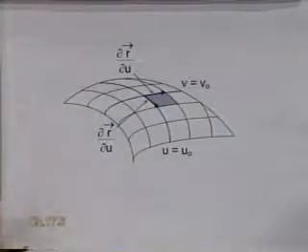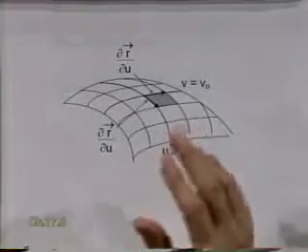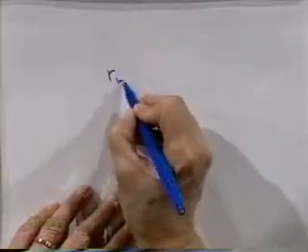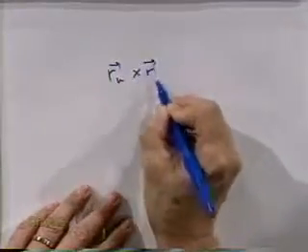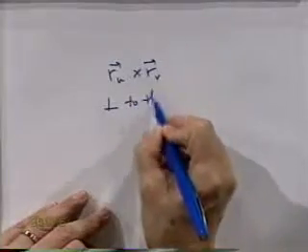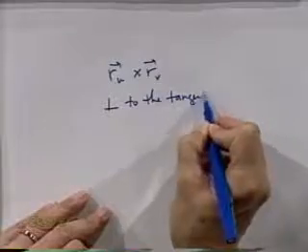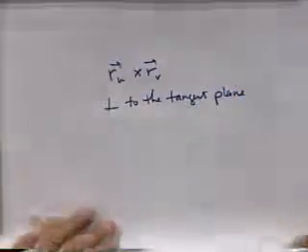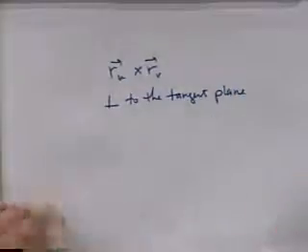Okay, let's do some more. Now, parametrically, what have we done so far? Ru cross Rv is perpendicular to the tangent plane. But before we go on, let's look at something.